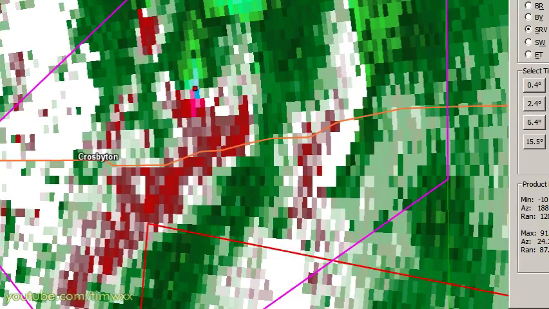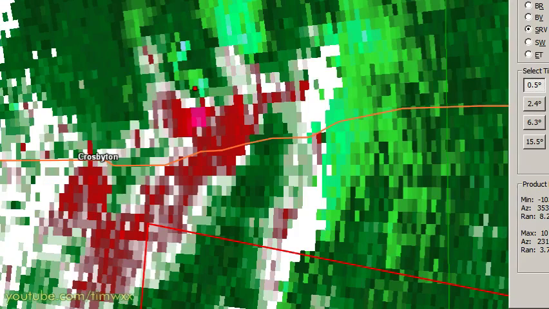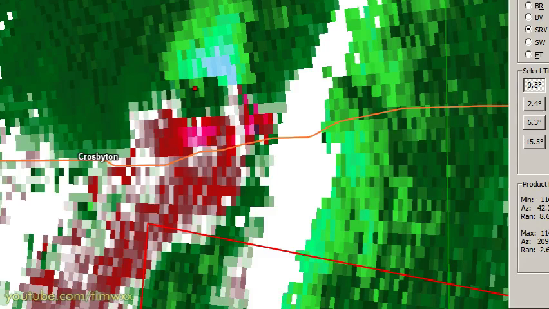Then I'm going to go backwards and see what we have. See if there's any consistency with that couplet. Now it looks like this pretty much just formed, but you can see a larger scale circulation in here.